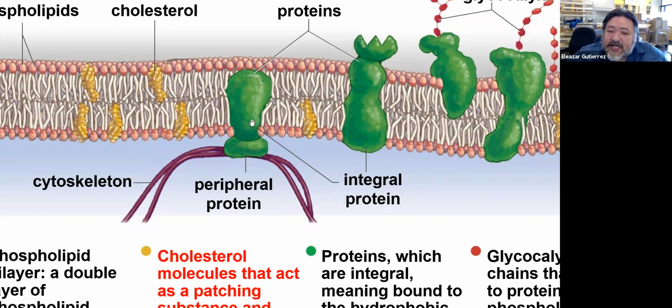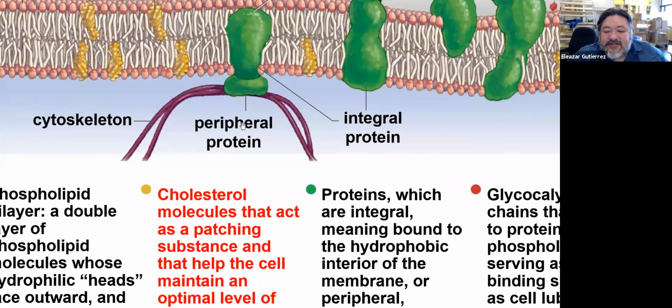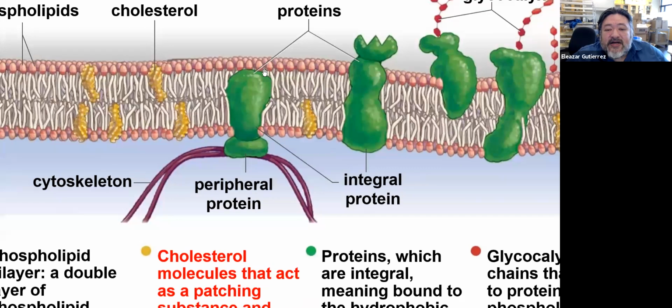One integral protein, which is hydrophobic, and one peripheral protein that is hydrophilic. They're both docked in such a way that the cytoskeleton can grab a good hold of it. So that's one role of proteins: structural.